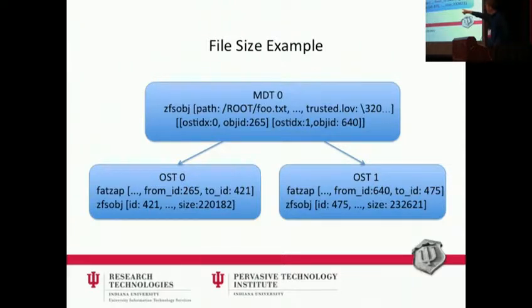You then go over to OST 0, as in the example before. You see on the FatZAP you've got a from and a to. Then on the ZFS object, you go 265, 421, 421 to 220, 182. Then you do the same thing on OST 1. You add them together, and you have the size of your file.